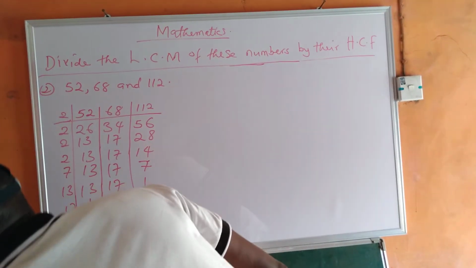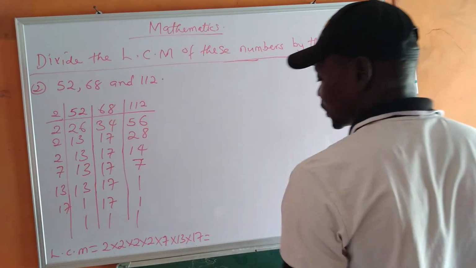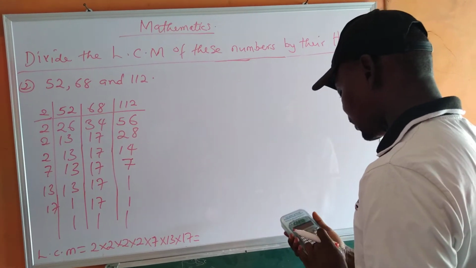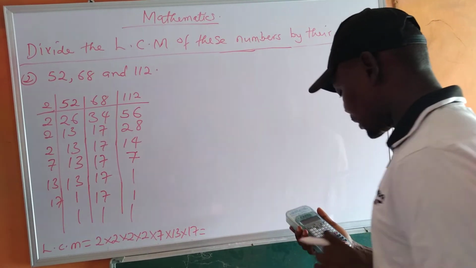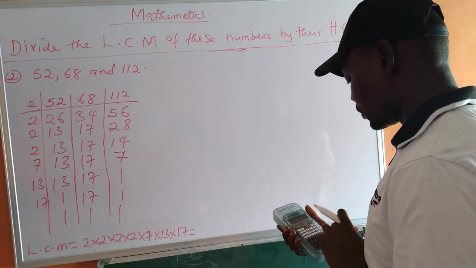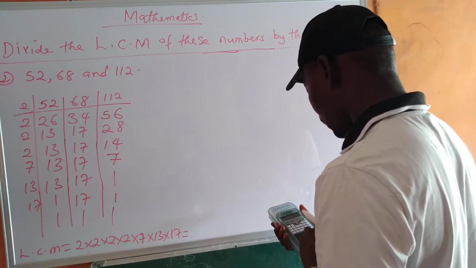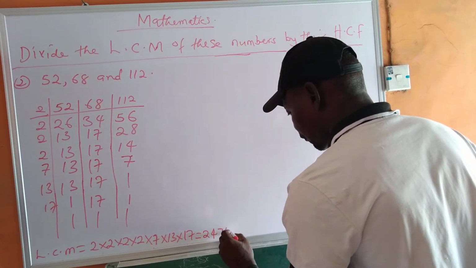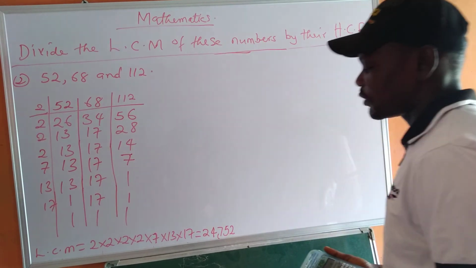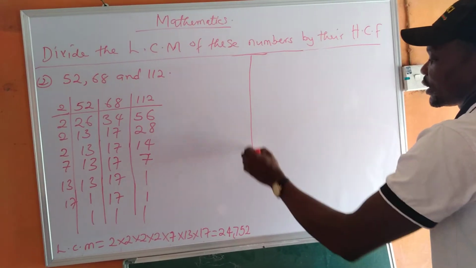We are going to use our calculator to multiply these. 2 times 2, 4, 4 times 2, 8, 8 times 2, 16, 16 times 7 we have 112, 112 times 13 gives us 1456, times 17 again gives us 24,752.